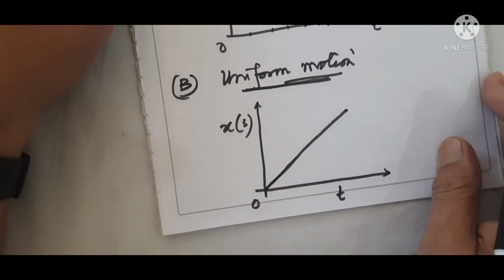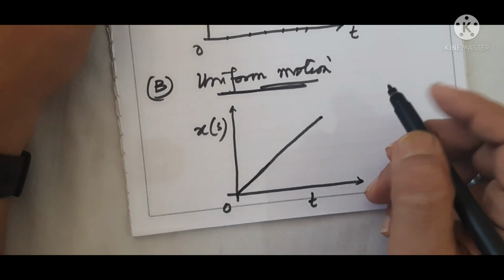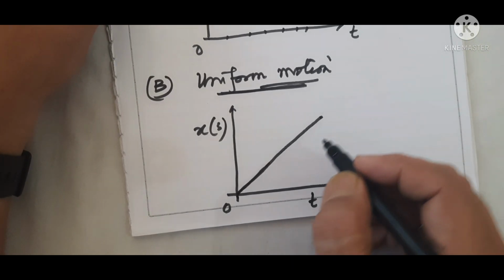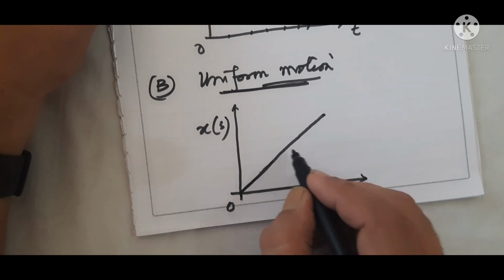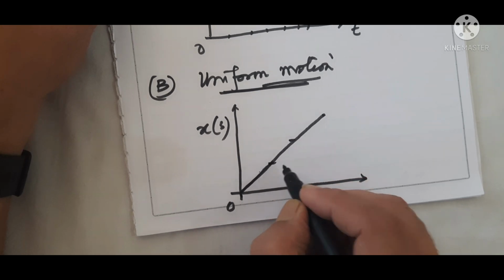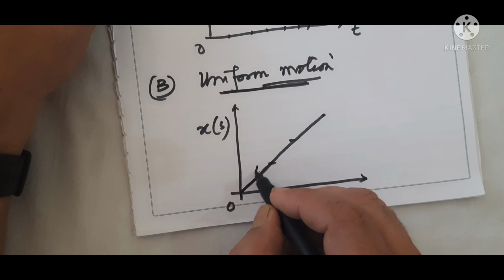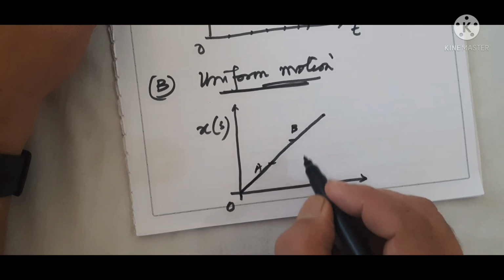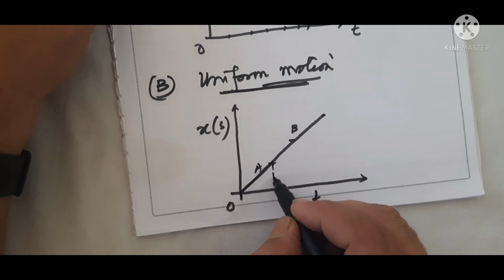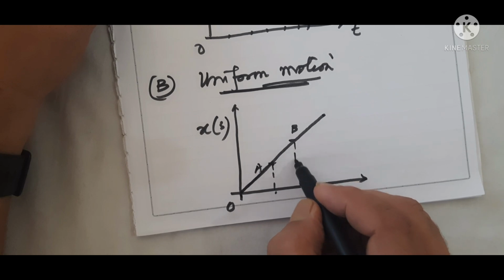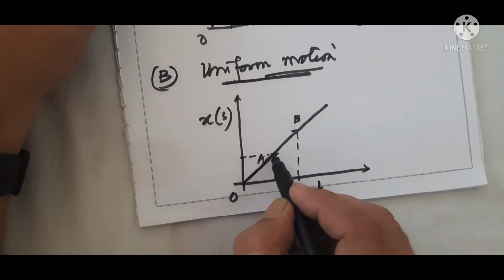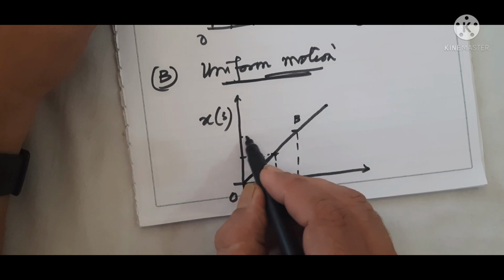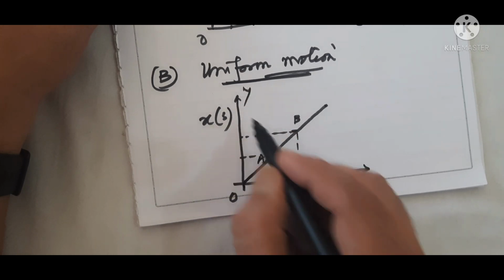Now from this graph, how will you find out the speed? You can take any point. Say I have taken here 2 points, point number A and this is point number B. Drop a perpendicular onto the x-axis like that, and onto the y-axis also.